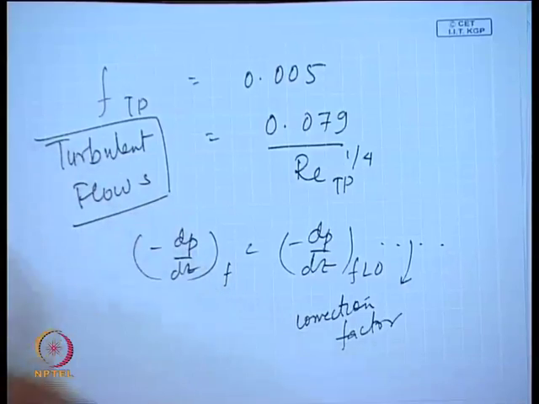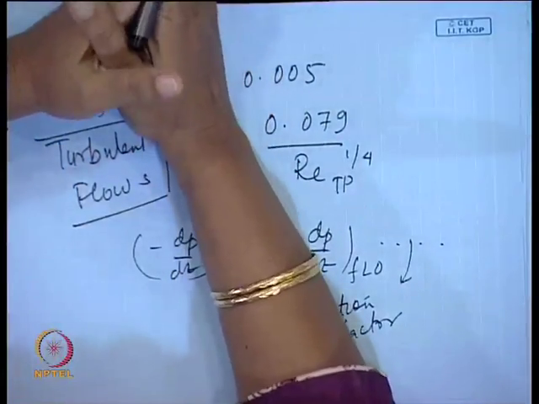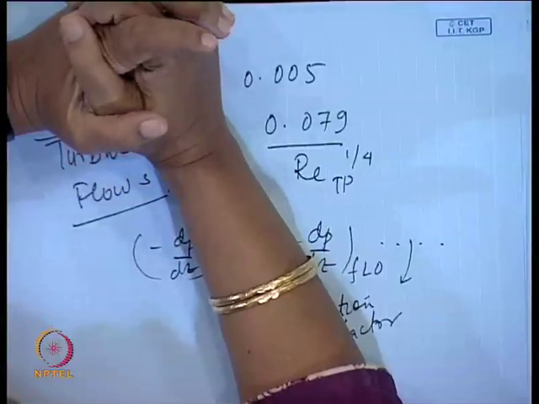Okay. So, therefore, what are the methods in short, if we discuss what are the methods that we have adopted. First thing is, for low quality flows we can assume fTP equals the friction factor as if the whole mixture was flowing as liquid, number 1. Number 2 was for high quality flows, the same thing. The other thing is, when none of them can be assumed, then what can we do?